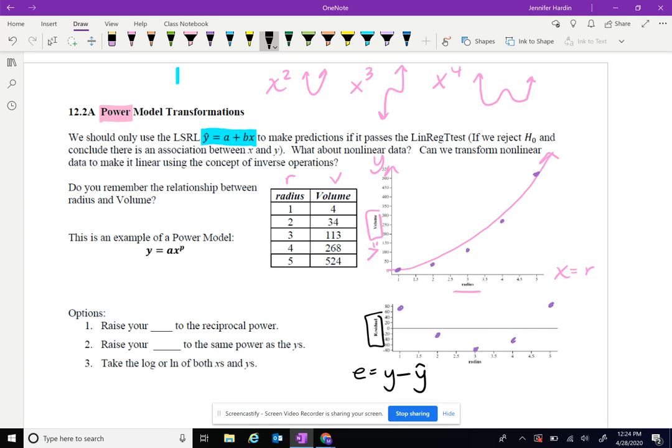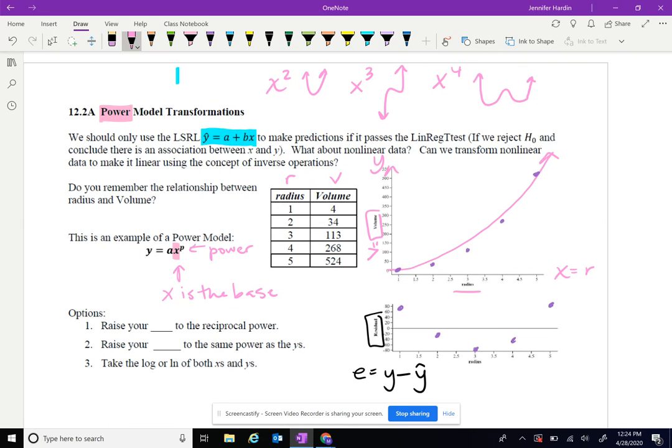So any power model is something of the format y equals a times x to the p power. What we're looking at very specifically is that x is the base of your exponent, and it's being raised to some sort of power.